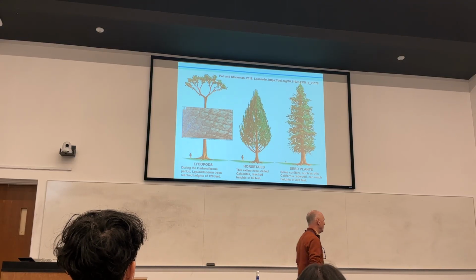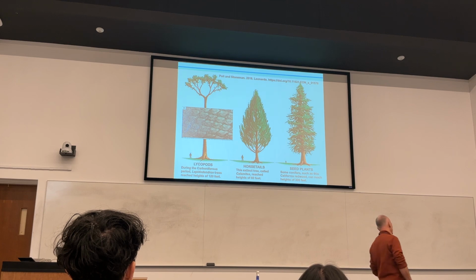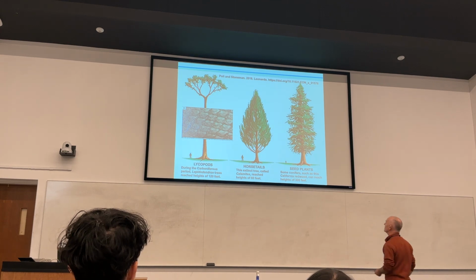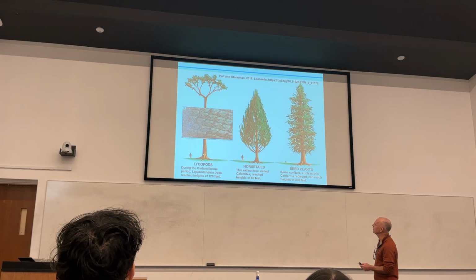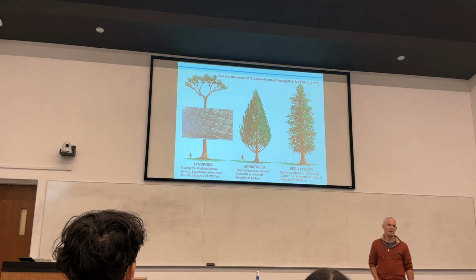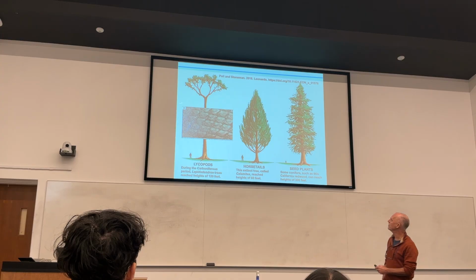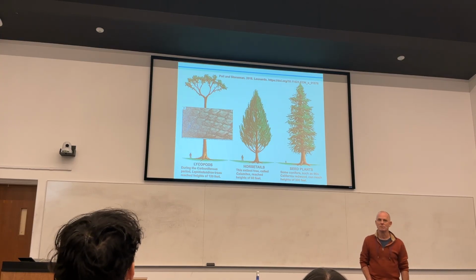All right. Now, I want to point out something here because I just think this is really cool. That is a fossil imprint of the bark of a club moss. Now, what does that remind you of? Yes?